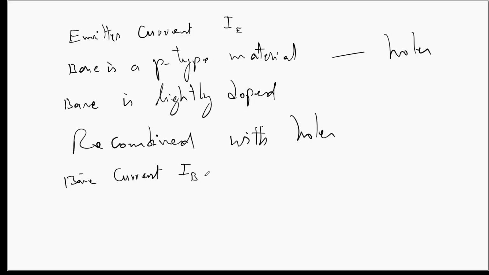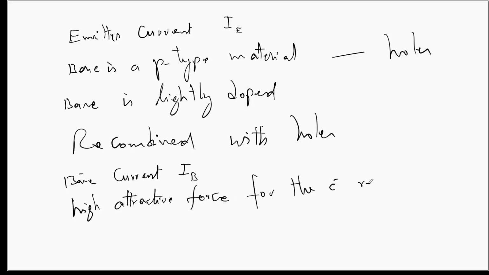This base current enters the collector's region, and in the collector region we have a reverse bias, meaning the collector region causes high attractive force for the electrons reaching the collector base junction.